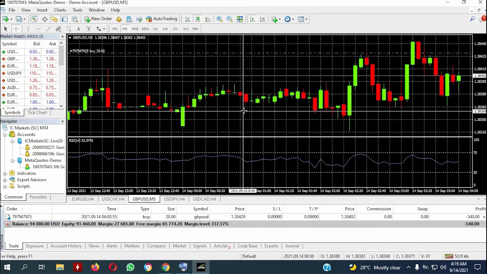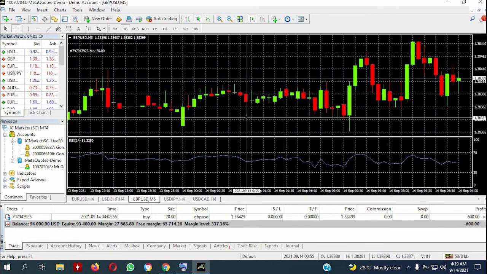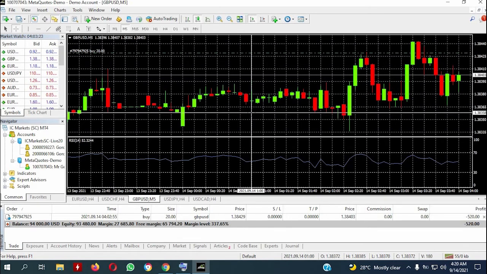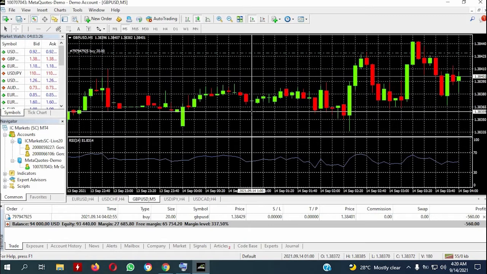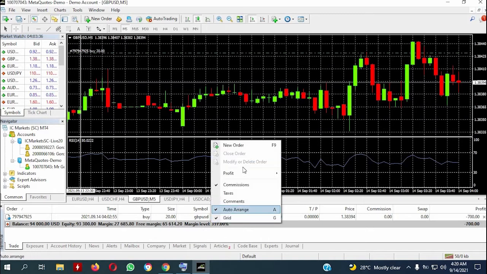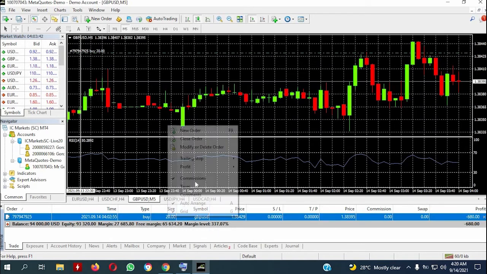I'm using this tool in order to get the price. So now I'm going to modify the order.